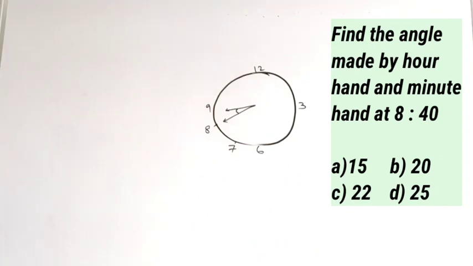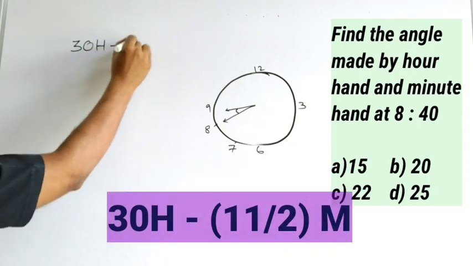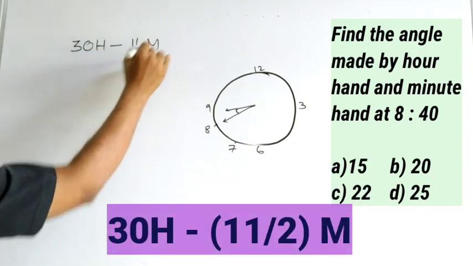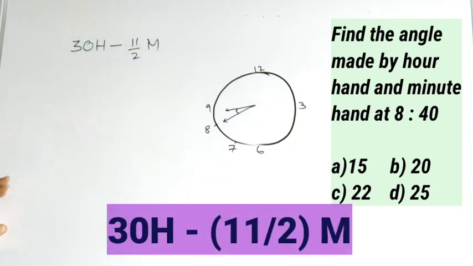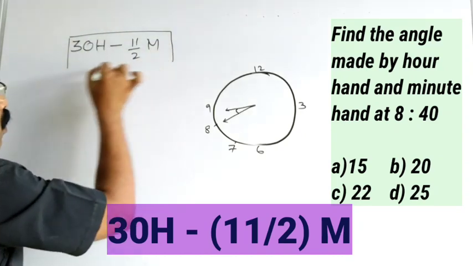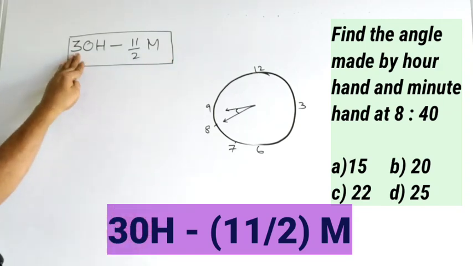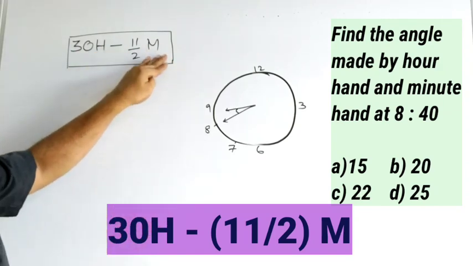First we will go with the formula. The basic formula to find out all these types of questions, understand this formula: 30h minus 11 by 2 m. Very important. All these types of questions you can solve using this formula, 30h minus 11 by 2 m.